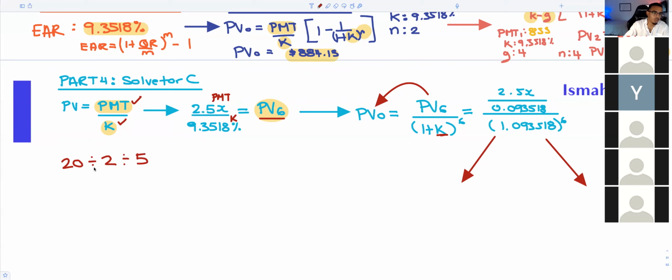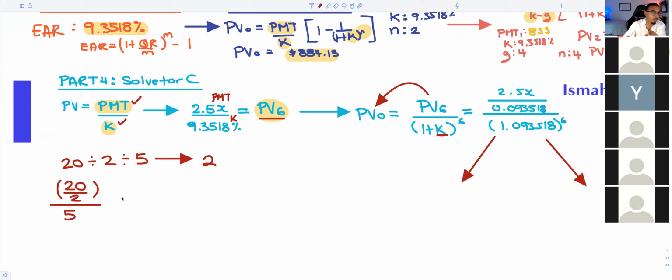Okay, so we have this right here. Could somebody tell me what's the answer to 20 divided by 2 divided by 5? Everybody in the chat, tell me what this is. It's equal to, exactly, it's equal to 2. Now, obviously, I could have written this as 20 divided by 2 divided by 5.